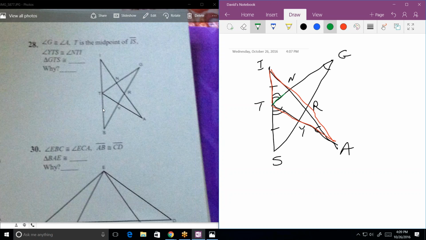GTS being in green. In other words, they look congruent, right? So obviously that's what we're going to try to prove. Now let's see, what do we have? We have one angle. We have one side. We have two angles.